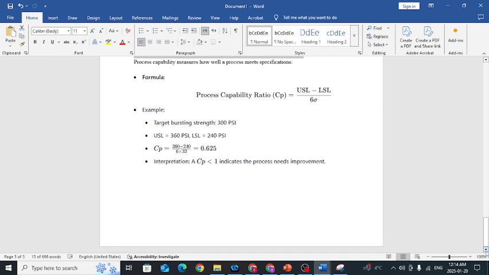So it is very important that after calculating this formula, if the process capability is lower than 1, you should recheck your process. You should improve your process, and you should reschedule your process for quality.